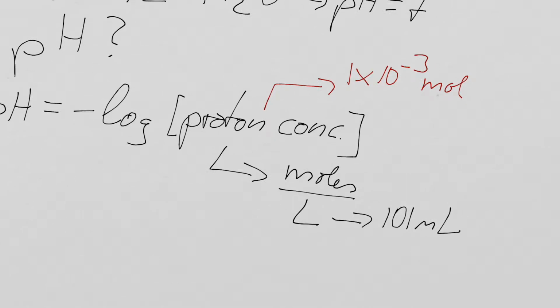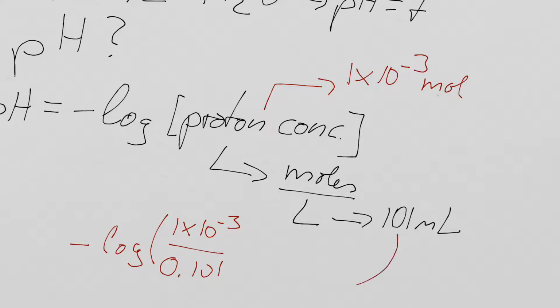Now, for our concentration, we can write minus log of 1 times 10 to the minus 3 divided by 0.101. Remember, we always need to have mole per liter, so instead of 101 milliliter, I can write 0.101 liter. You still with me?